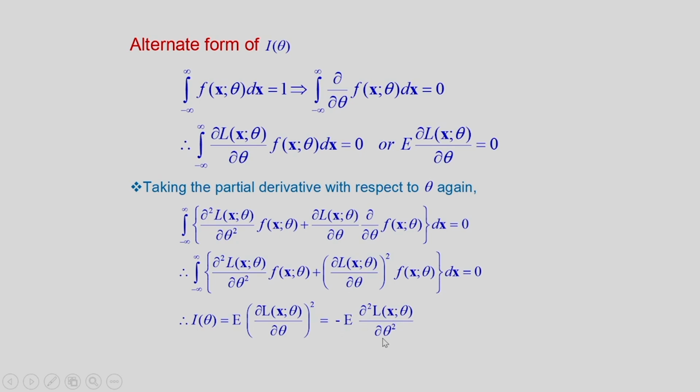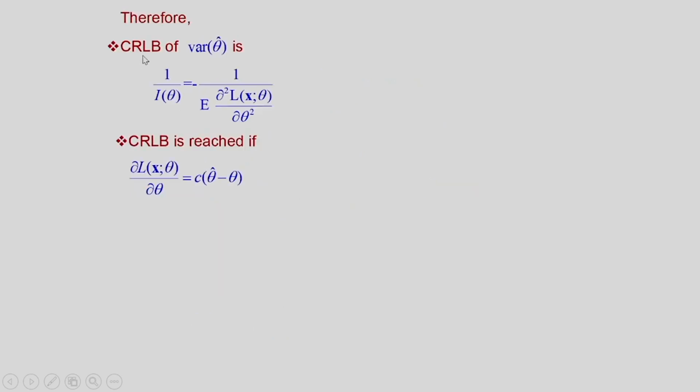So, therefore, we can write the Cramer Rao lower bound for the variance of theta hat is equal to 1 by I theta, that we have already established, that is equal to minus 1 by E of del square L del theta square. So, that way we can simplify this expression, and also we have established that CRLB is reached if this first order partial derivative del L del theta is equal to C times theta hat minus theta.